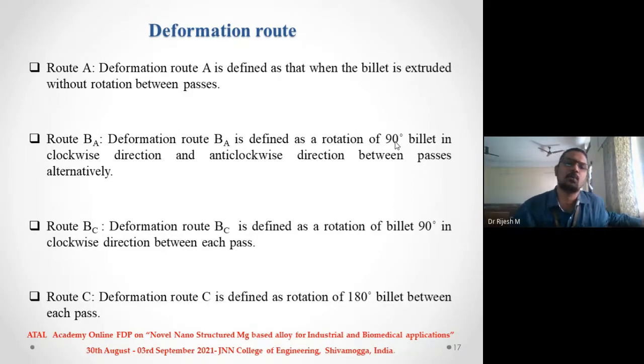We call it route BA. Route BC is defined as rotation of the billet by 90 degrees in the clockwise direction. So after every pass, you only do a clockwise rotation. And route C is where you go for a 180 degree rotation. It is not the same as route A, because route A is basically a 360. It is a 180 degree rotation.